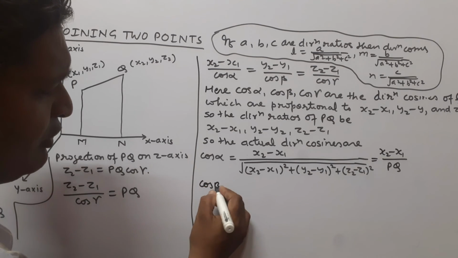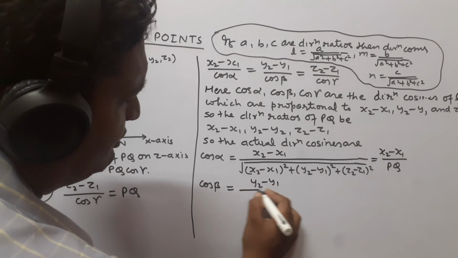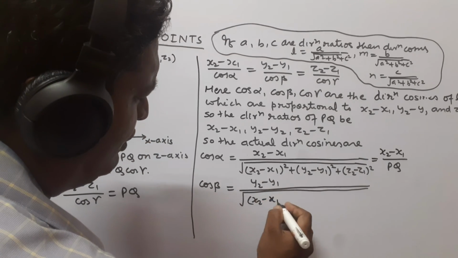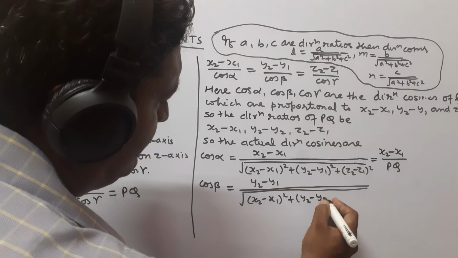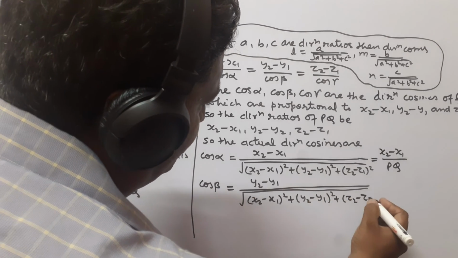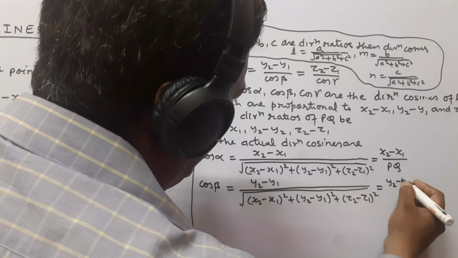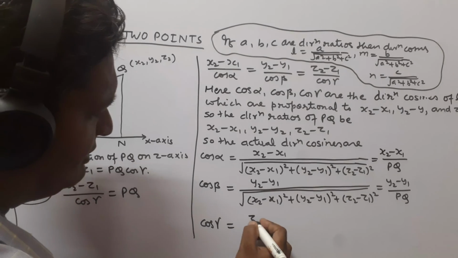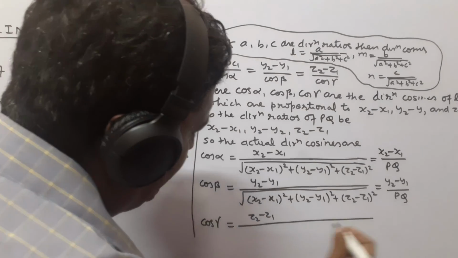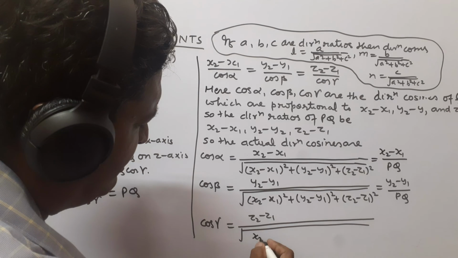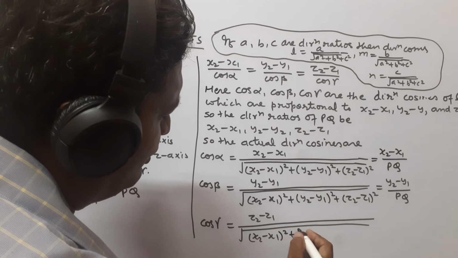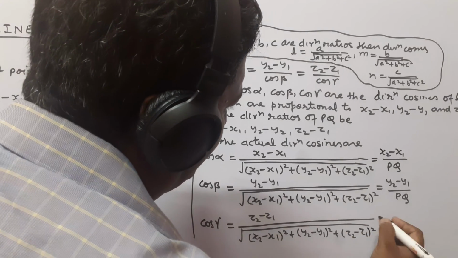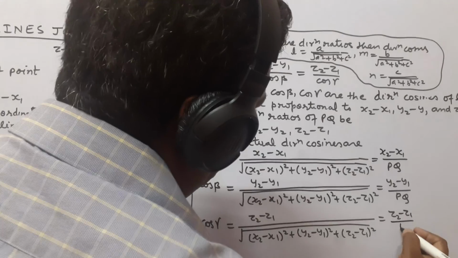Similarly, cos beta is equal to y2 minus y1 upon PQ, and cos gamma is equal to z2 minus z1 upon PQ.